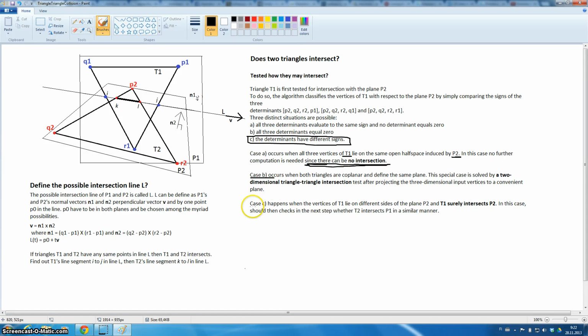Case C happens when the vertices of T1 lie on different sides of plane 2, and T1 surely intersects plane 2. In this case, it should be checked in the next step whether T2 intersects plane 1 in the same manner.